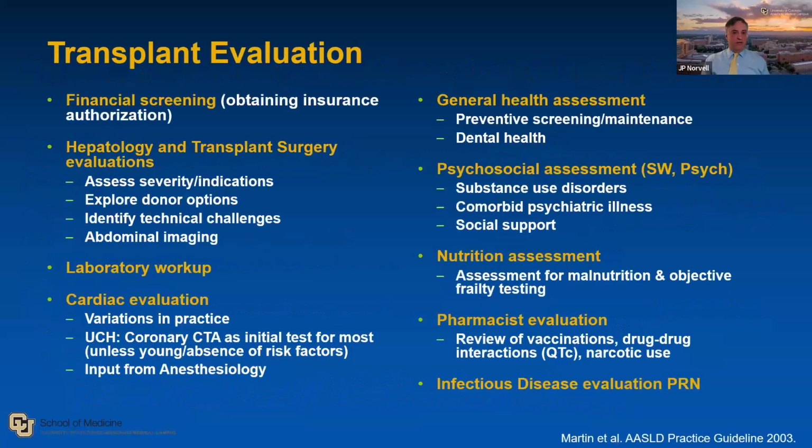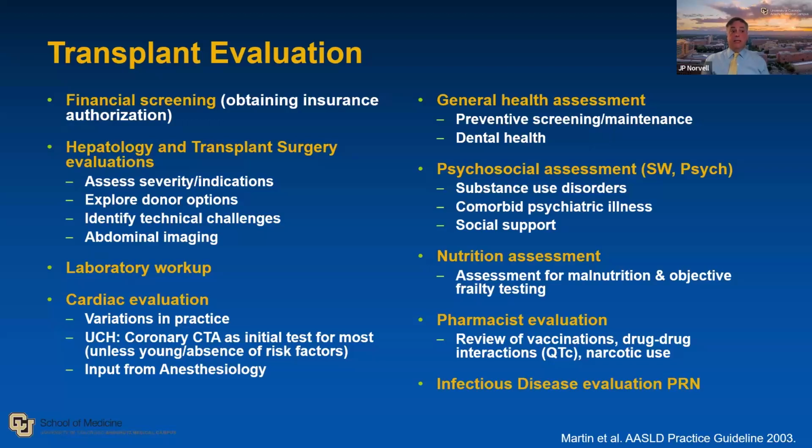So this is, of course, not the only thing that goes into whether patients are transplant candidates. I put up here this dizzying slide that shows all the different components that go into a liver transplant evaluation. While we certainly want you to refer patients that have indications for transplant, if patients are clearly not a transplant candidate, we're also happy to see them in our hepatology clinic.